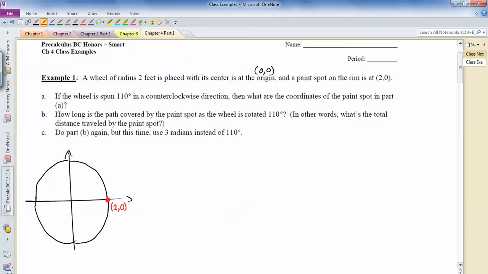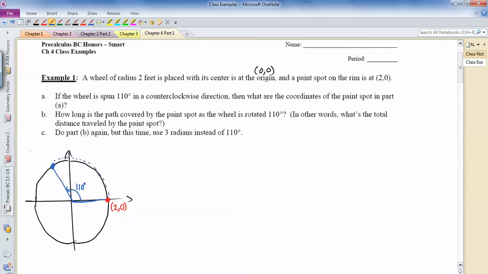So that red dot's the paint spot. And then the wheel is spun 110 degrees counterclockwise. So let's see, this paint spot would get moved. There's 90 degrees, so it's a little bit further than that, to about here. And the amount that we spun it was 110 degrees.